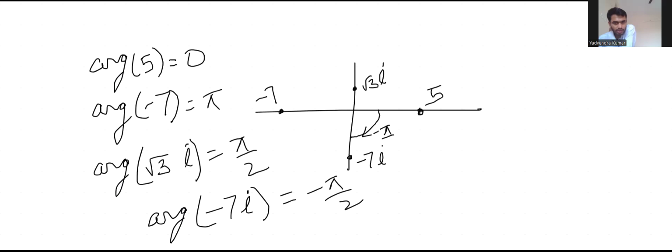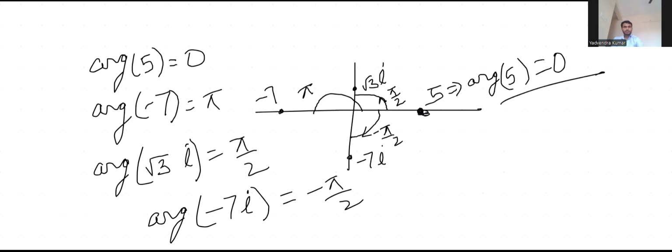In this case, the angle is plus pi by 2. In the case of minus 7, it is pi. And for 5 itself, the argument of 5 will be 0 degree, means 0. Right. So this way argument goes.